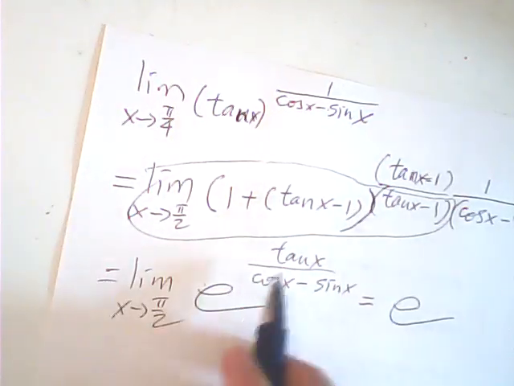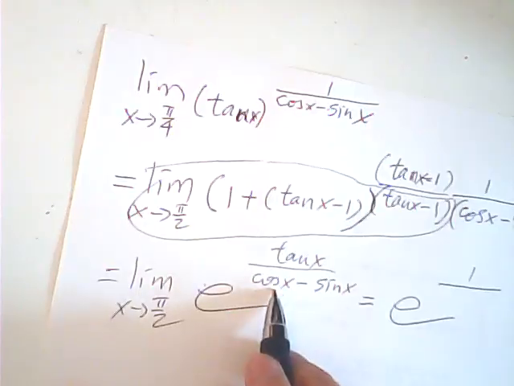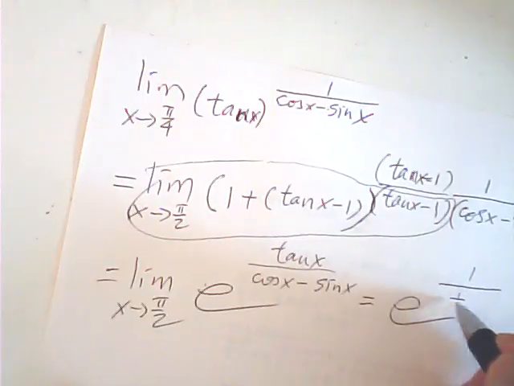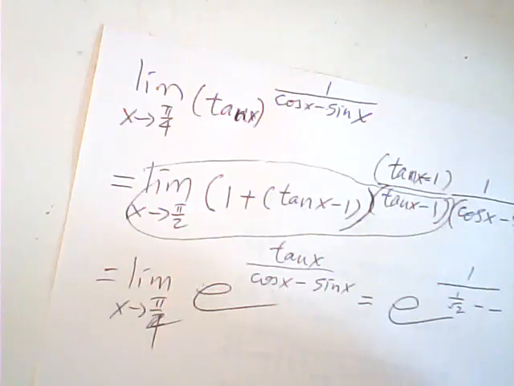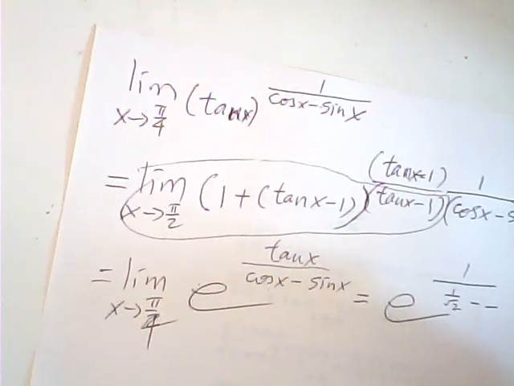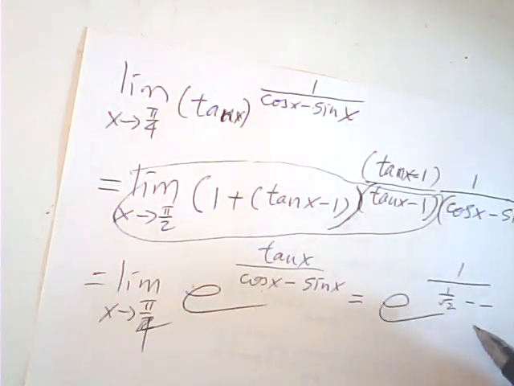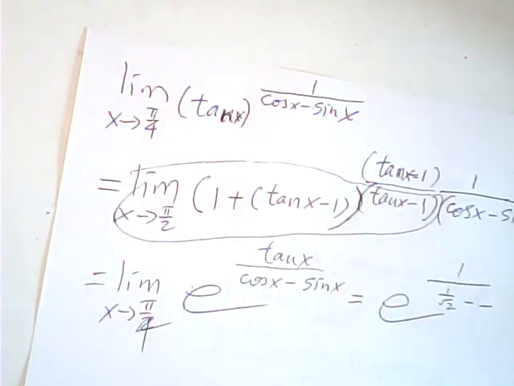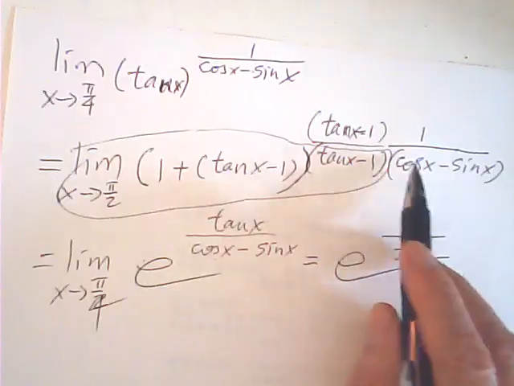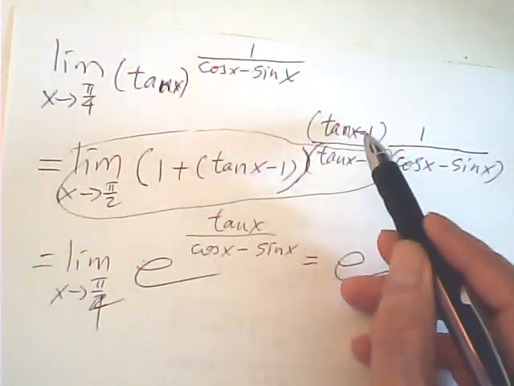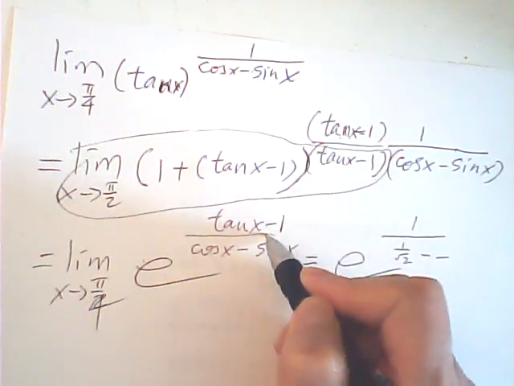Then we take limits. This one is 1. This one is 1 over root 2 minus quarter pi. Sorry, tangent minus 1.